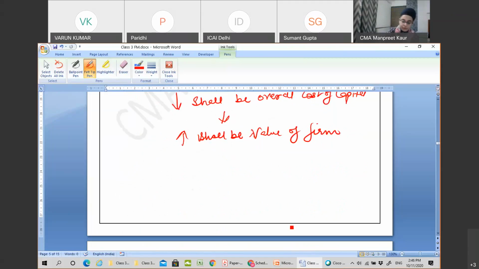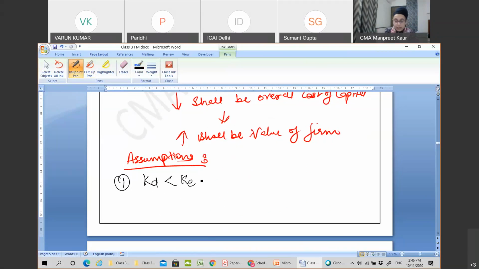In this, we also have to take care of the assumptions in this theory. First is KD. KD means debt is less than the KE.